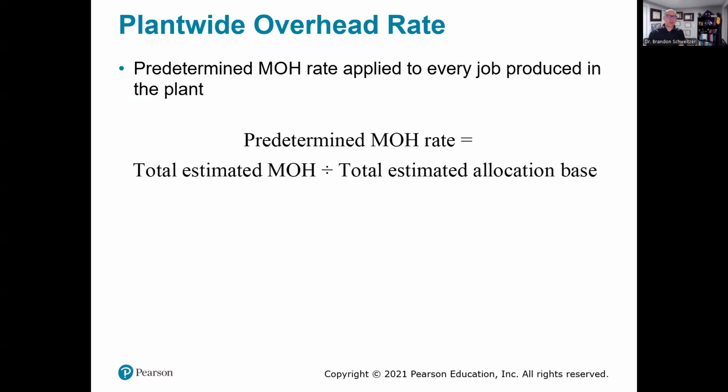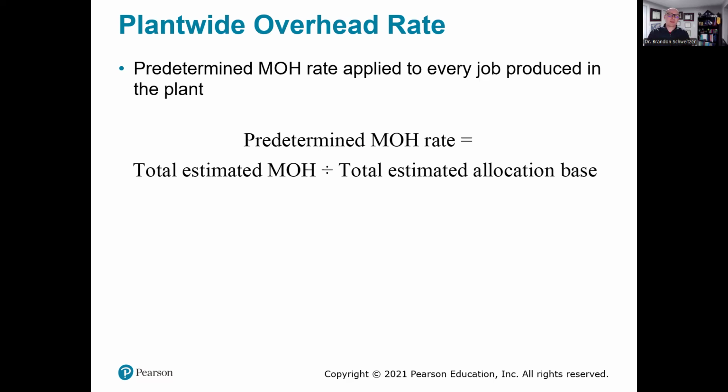So here we have the plant-wide overhead rate method or the manufacturing overhead rate as it's applied to every job produced within our plant. In order for us to do that, we use this formula, which we touched on briefly last week. This is called the predetermined manufacturing overhead rate method. To calculate this, we take the total estimated manufacturing overhead as the amount for the whole year, right?